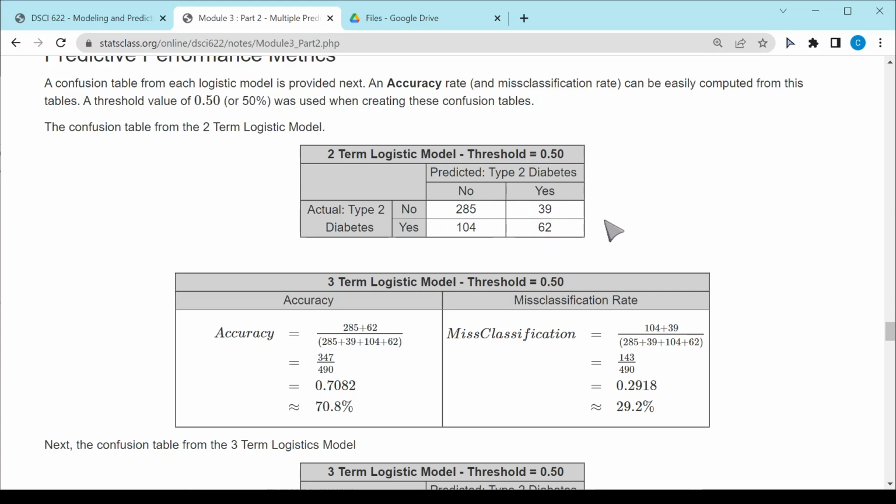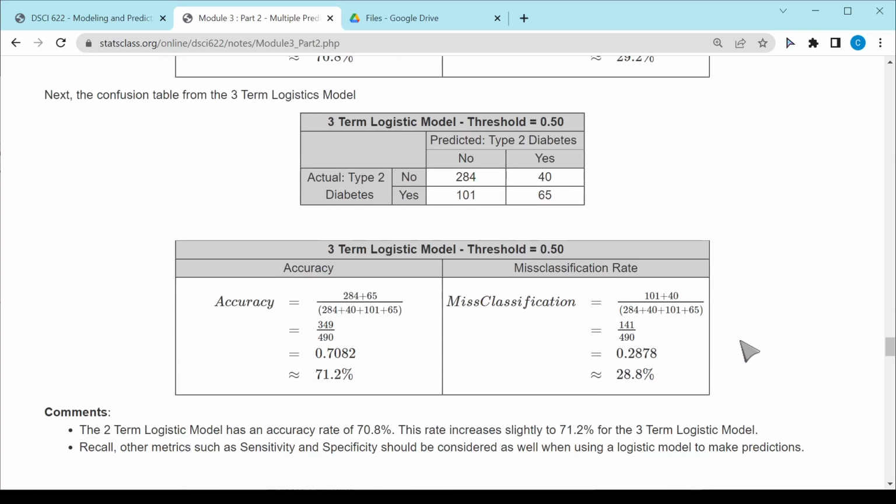Those are the ones that I got correct, so that's how I'm going to compute my accuracy. There's 490 people that were used in this model, so 285 plus 62 is 347. 347 divided by 490 is about 70%. If I have an accuracy rate of about 70%, then I'm going to have a misclassification rate of about 30%. So these are just opposites of one another.